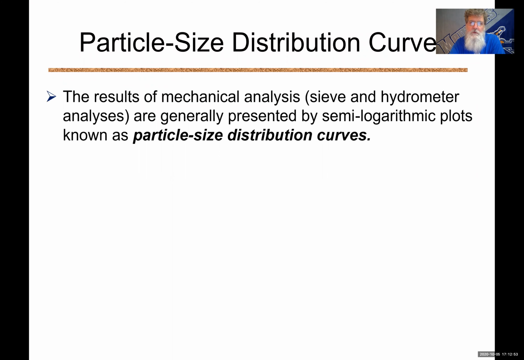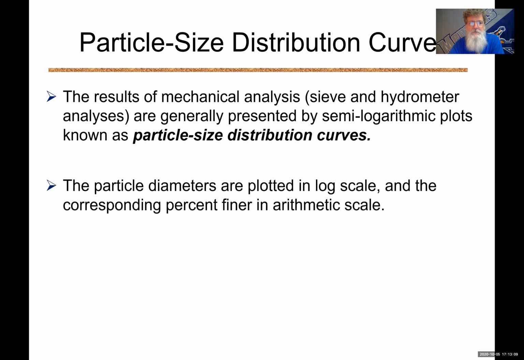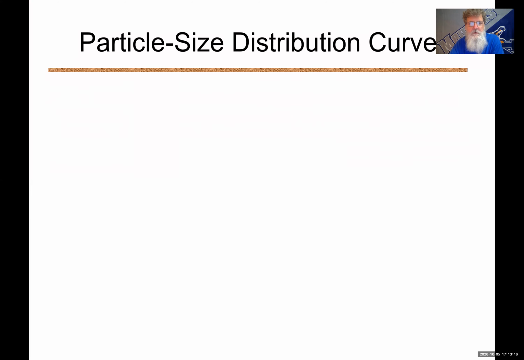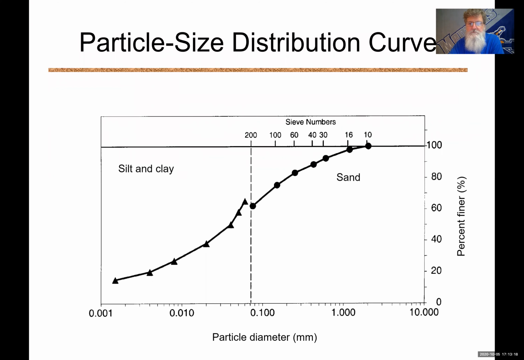And therefore you change things to powers of 10. So we're going to use what's called a semi-log scale, where the particle sizes will be logarithmic and the percent passing or percent finer will be arithmetic. So here's a typical graph.